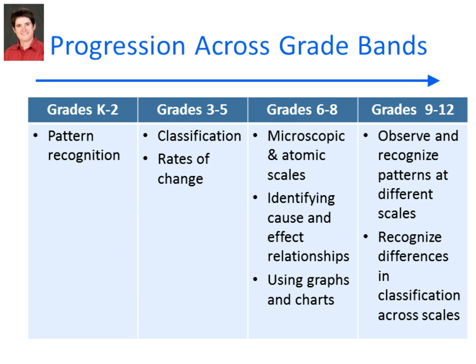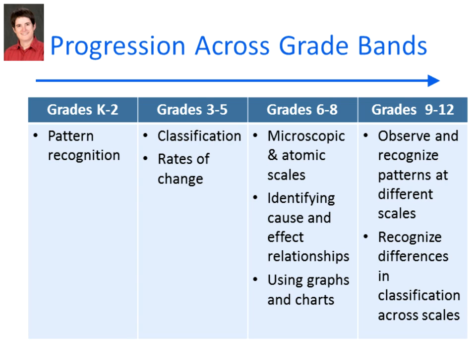As they move into the upper elementary grades, classification becomes more important. So not only sorting, but recognizing and putting things into groups, and the reason why items are in specific groups or phenomena or objects. And also beginning to think about rates of change.